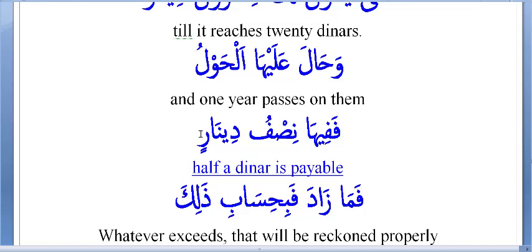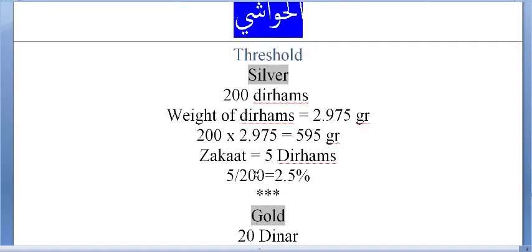In here, we don't use the dirham and dinar today, and that's the first point. Scholars disagreed, and the disagreement comes from that. The threshold of silver is 200 dirhams. The majority of scholars today say 1 dirham's weight is nearly 3 grams, 2.975.